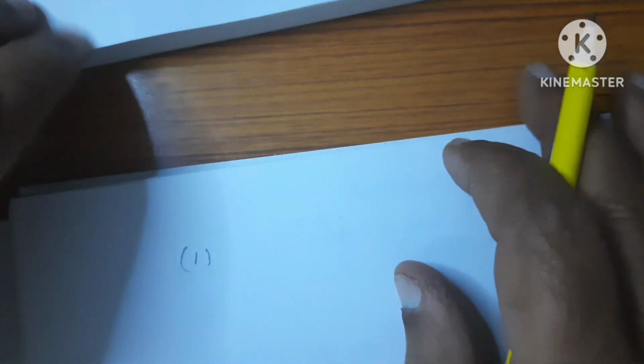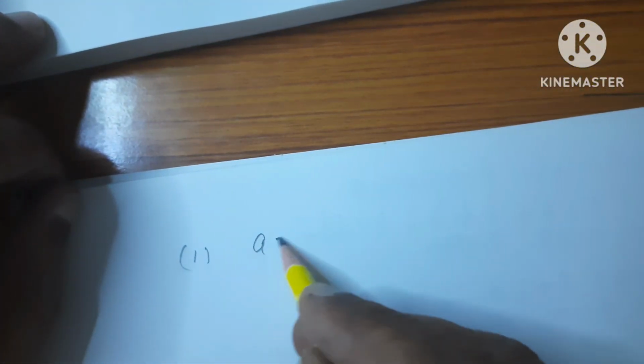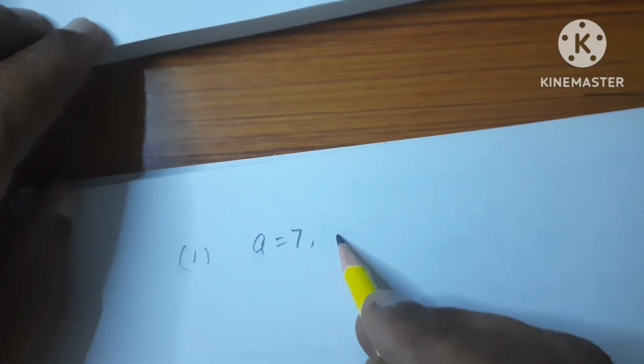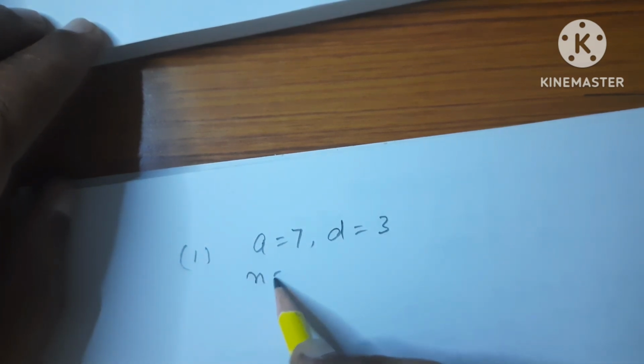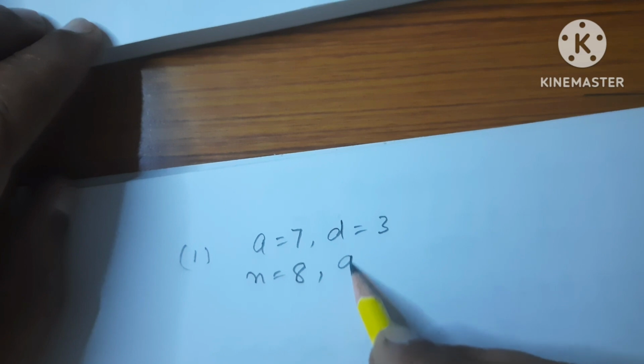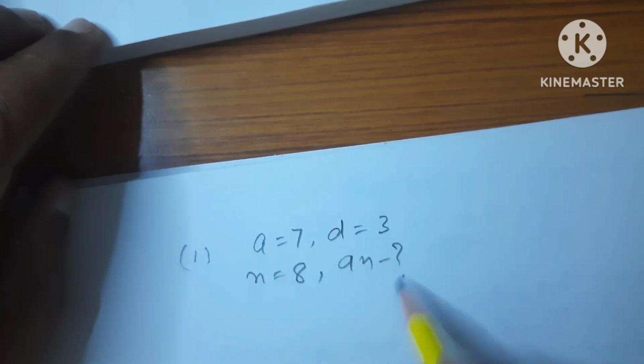First part, a is equal to 7, d is equal to 3, n is equal to 8, and an we want to find out.